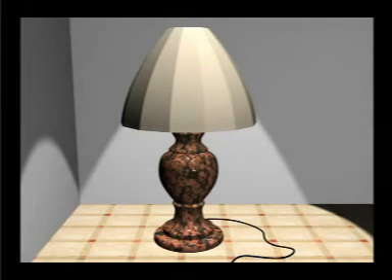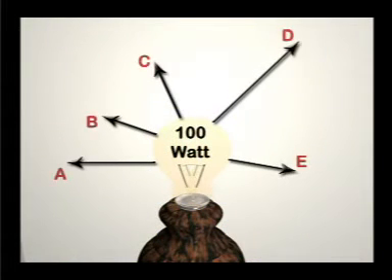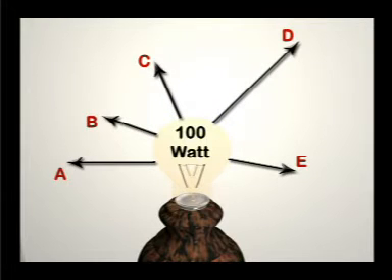To understand the difference between the magnitude and the intensity, let us demonstrate it by an example of a table lamp. Now, this lamp is having one bulb of 100 watts. The points A, B, C, D, E are going away from the lamp.